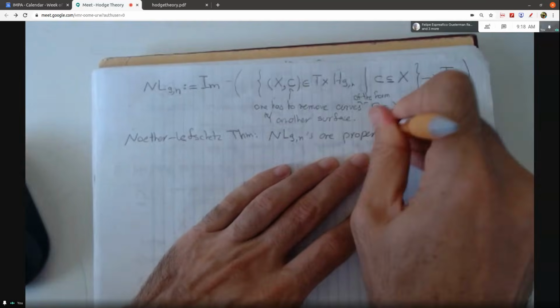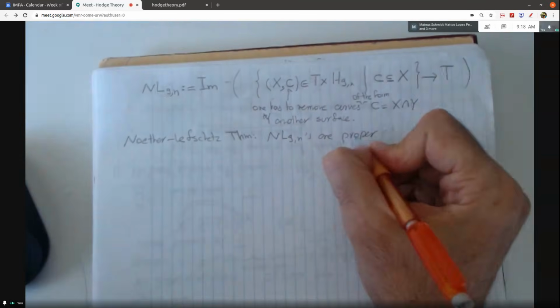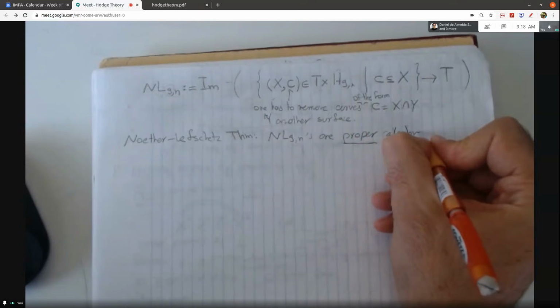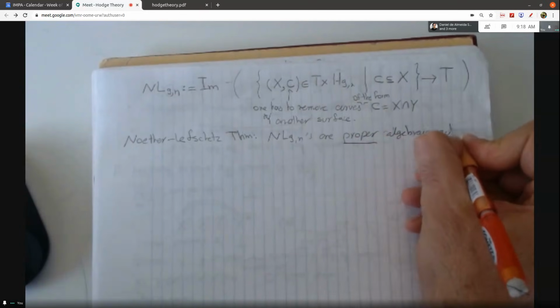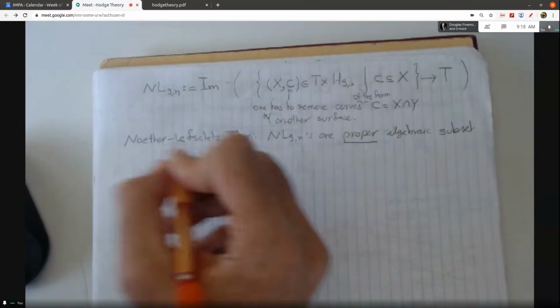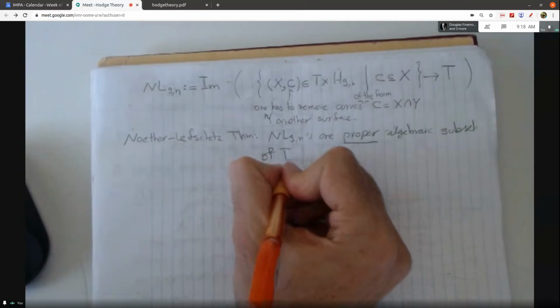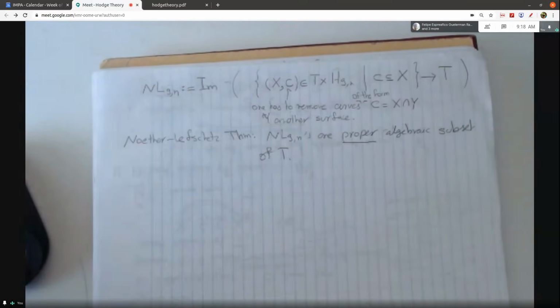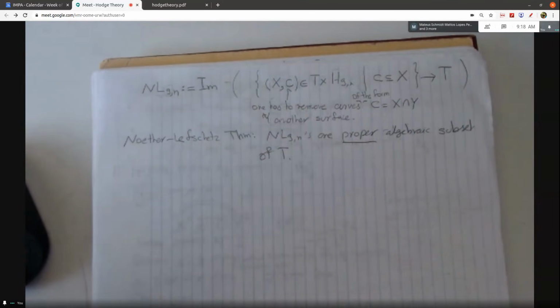Being algebraic is trivial, but the properness is the point. They are proper algebraic subsets of T. So none of these NLGN can be the whole space.